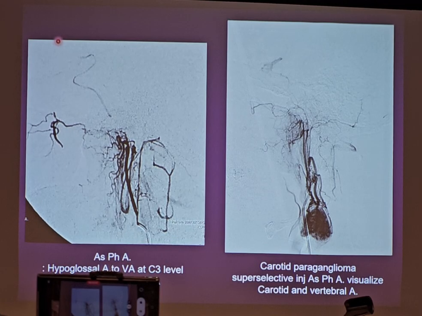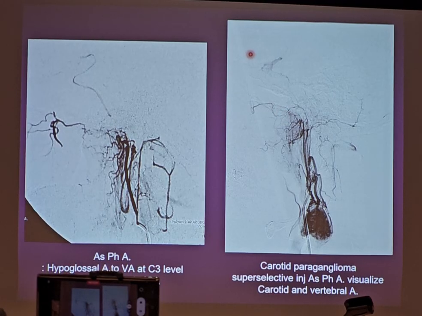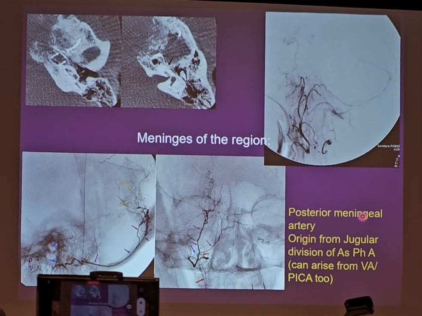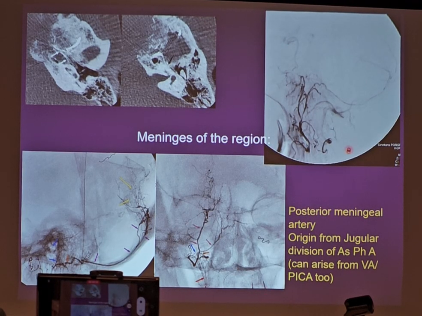So this is the dangerous artery that can cause stroke not only in the posterior circulation, but also the anterior circulation. So this is the regular musculospinal supply to the glomus tumor. It also contributes to the meningeal supply of the region.